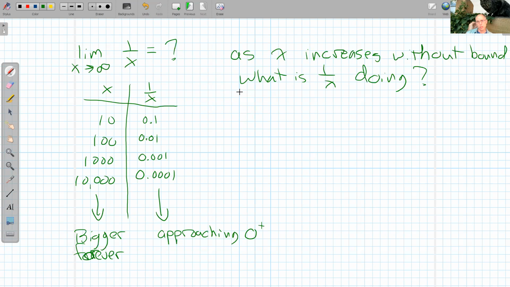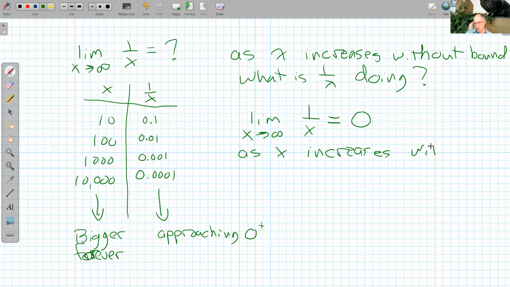So it goes to 0. So I can say the limit as X increases of 1 over X equals 0. Now again, equals, do we ever get to 0? The answer is no. This is all about approaching. So as X increases without bound, we have a different sense of 0 again, so we kind of have to lower our expectations a little bit.